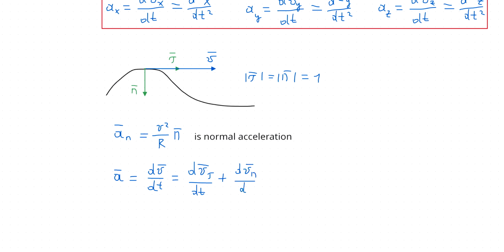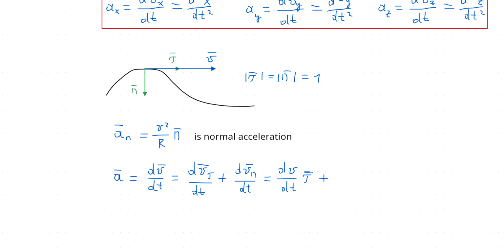But as it was mentioned above, the change of velocity in the direction of vector tau is the change of its absolute value. So it can be written as the first derivative of this multiplied by tau vector, plus the second term.